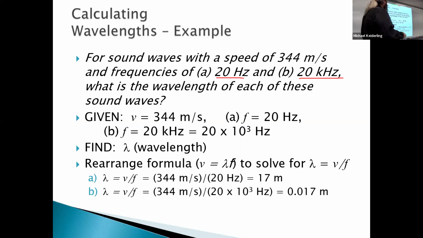So velocity equals wavelength times frequency. If we want to solve for wavelength, wavelength is velocity over frequency, and frequency will be velocity over wavelength.